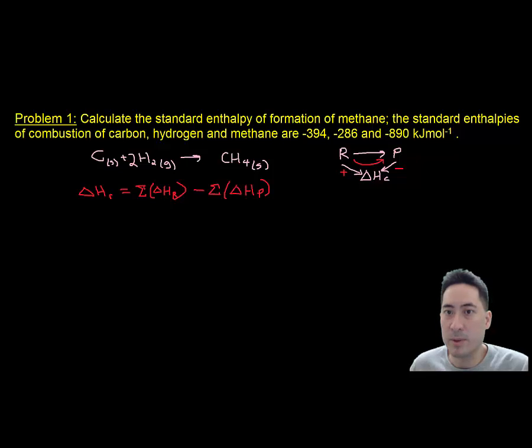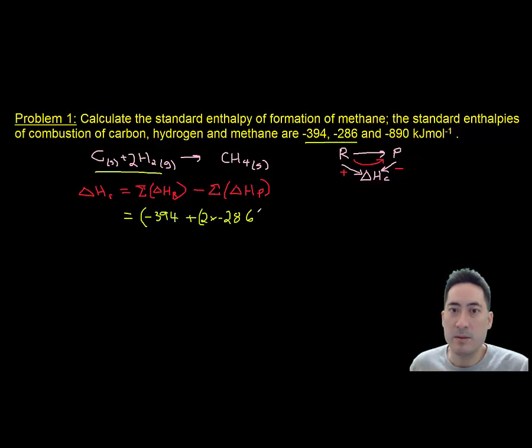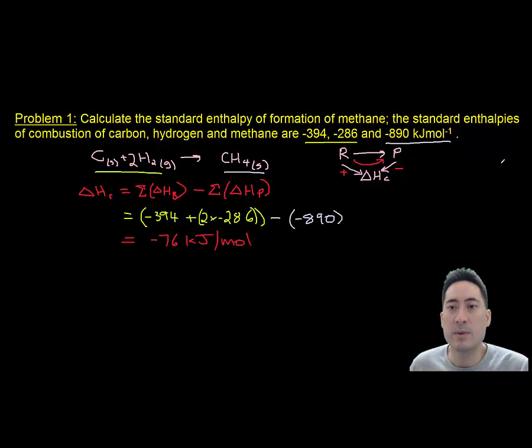So here the direction is negative for the products, so delta H here will be reactants minus products. Don't forget to do this each time in order to work out what the formula is. There's 2 moles of hydrogen there, so make sure we've multiplied that by 2 for our reactants. Take away our products, that's just 1 mole, so that gives us a final value of minus 76 kilojoules per mole.